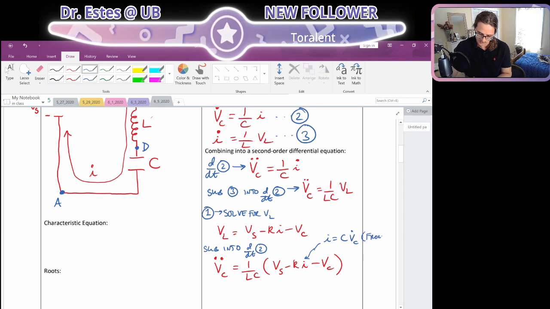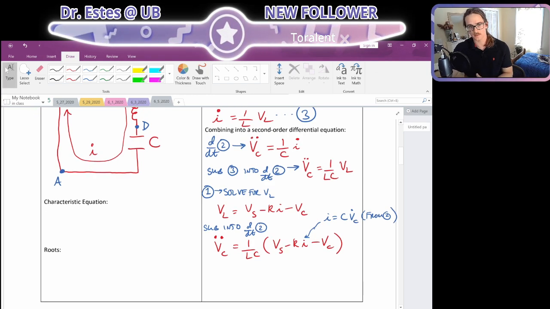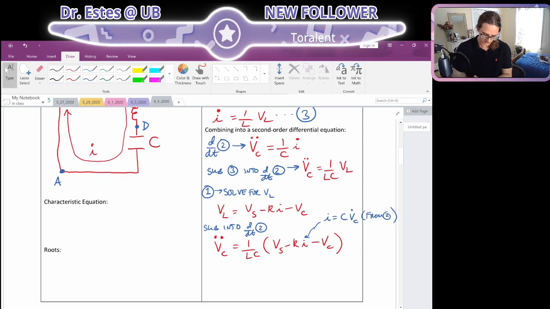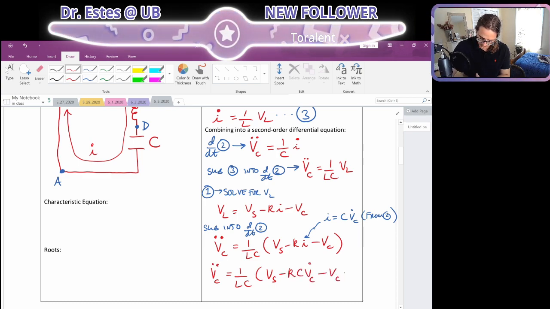So that's just from 2. And I'm going to substitute that in, and then we're going to be done. We're going to have our second order equation. It's going to be beautiful. So VC double dot is 1 over LC VS minus RC VC dot minus VC.